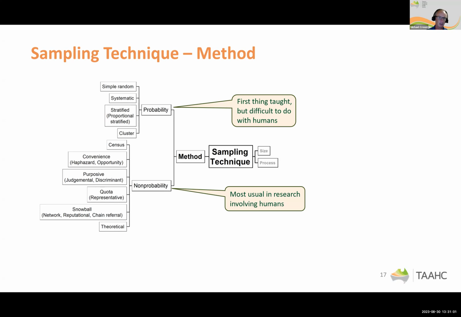Within that, the two that people get mixed up with are convenience sampling and purposive sampling. Convenience sampling is that you choose people just because they happen to be available. So if I was doing a survey at the moment of health services in North Queensland, and you guys that are here, if I said, oh, well, you're here, so I'll ask you, that would be a convenience sample.